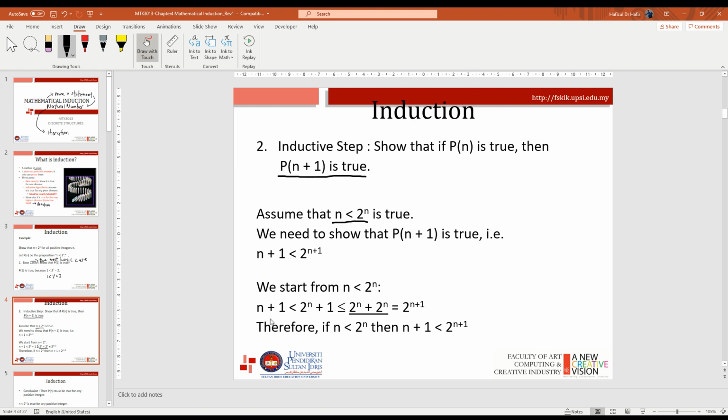Therefore, n plus 1 is less than 2^n plus 1, less than 2^n plus 2^n, equal to 2^(n+1). So we can conclude that if n is less than 2^n, then n plus 1 is less than 2^(n+1). Okay, this one is the inductive step.